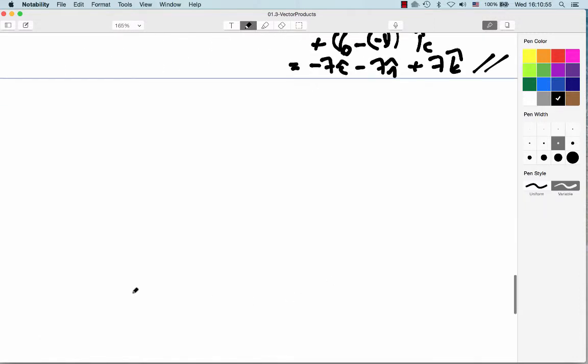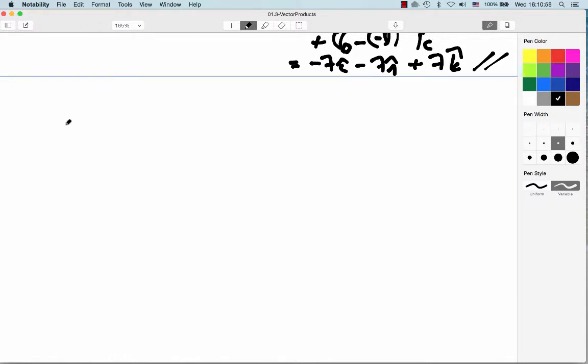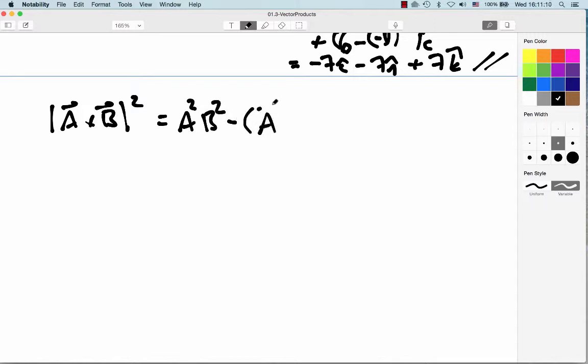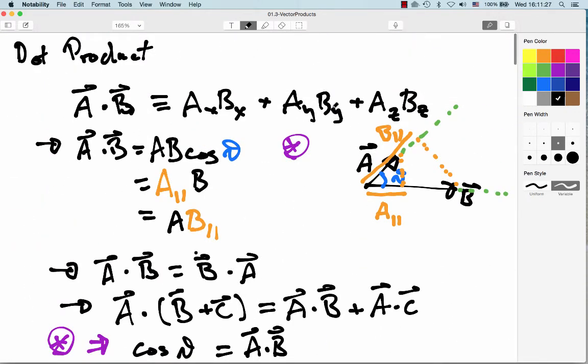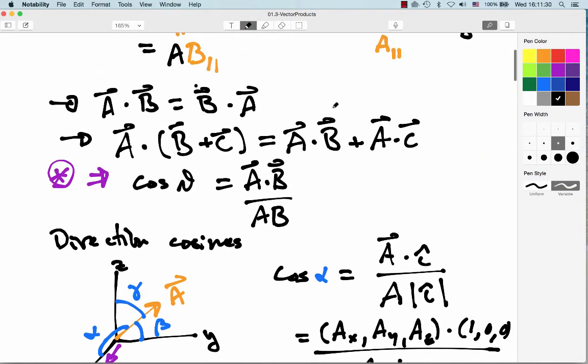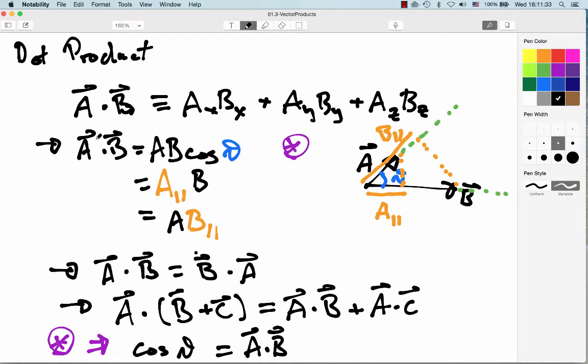Okay, some other handy identities that you can show is the square of the magnitude of A cross B is equal to A squared B squared minus A dot B squared. And you can show that by playing with components. Now there's something really useful here. If we go back to our identities with dot products, we know that A dot B is AB cosine theta.